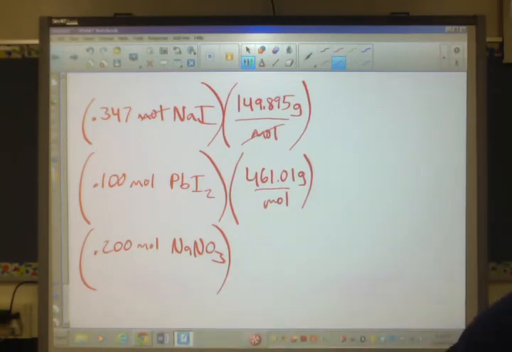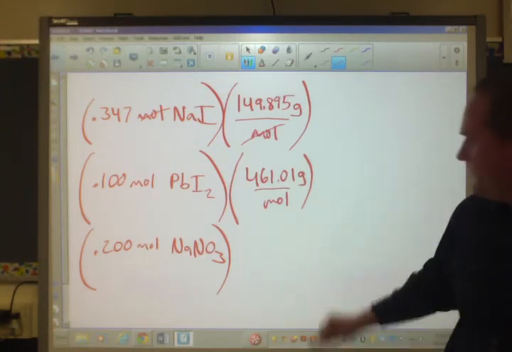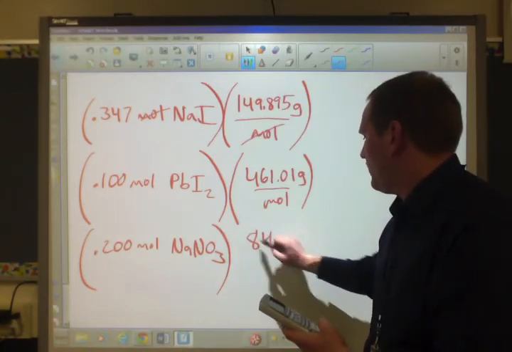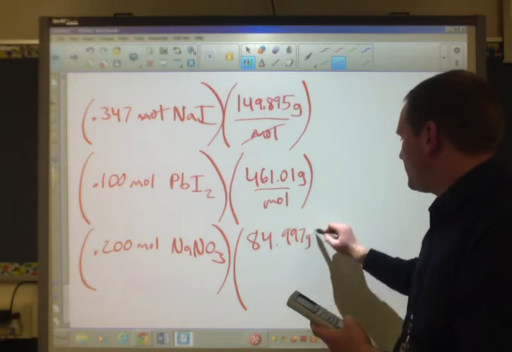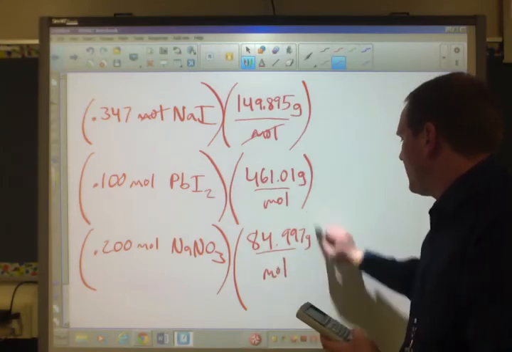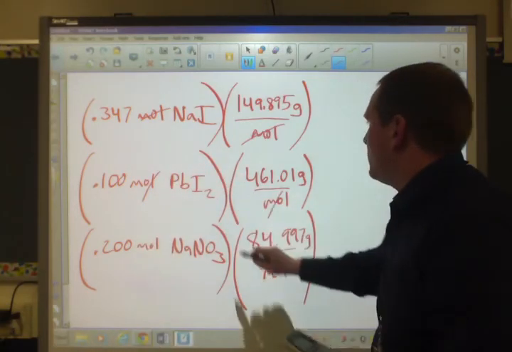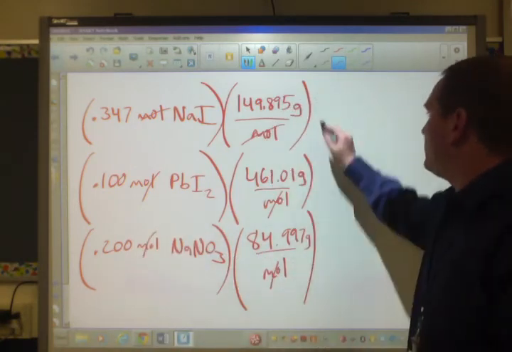NaNO3 is going to be 22.990 plus 14.007 plus O3, which is 48, 84.997 grams per mole. Mole cancels mole. Mole cancels mole.